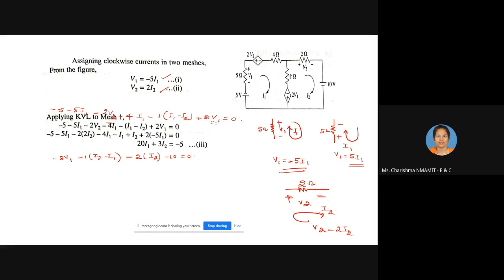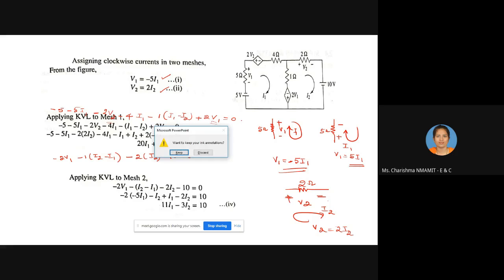Minus 2V1 minus 1 into I2 minus I1 minus 2I2 minus 10 equal to 0. Substitute for V1 as minus 5I1, and for the equation you will get 11I1 minus 3I2 equal to 10.